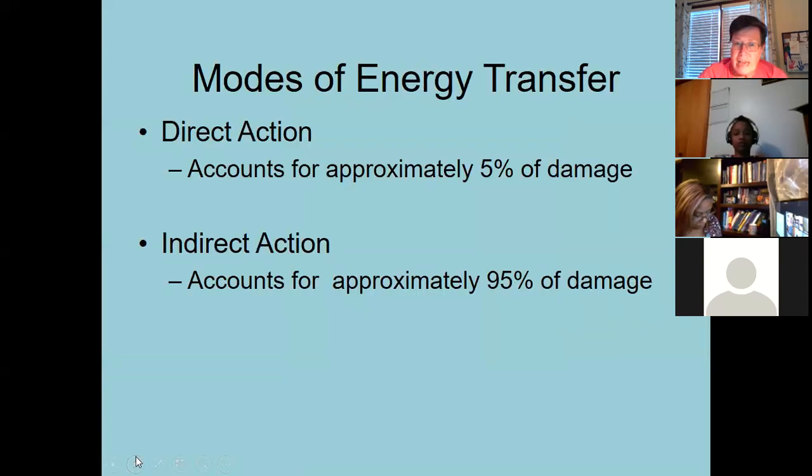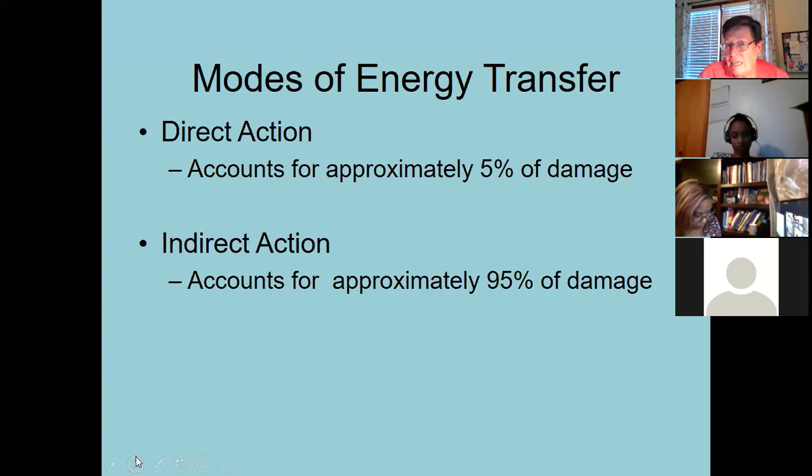So if we look at energy transfer, how does energy get to our target to damage the target? Well, energy is exchanged either directly or indirectly. Direct action occurs when the incoming photon hits that biologically important molecule, whether it's the DNA, the RNA, or a protein.